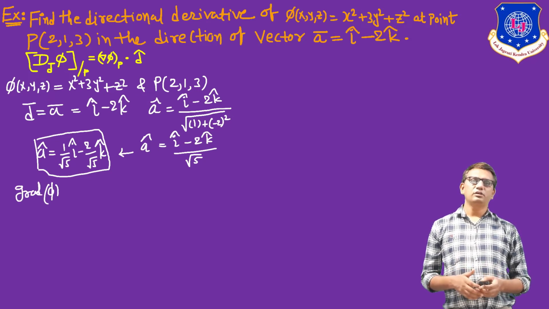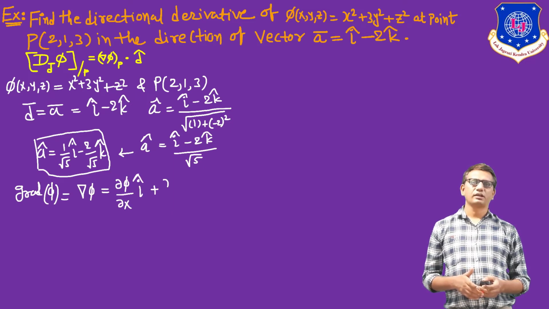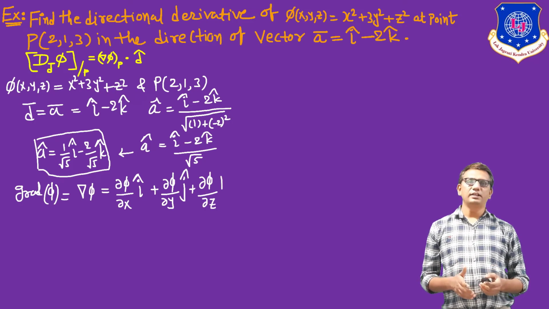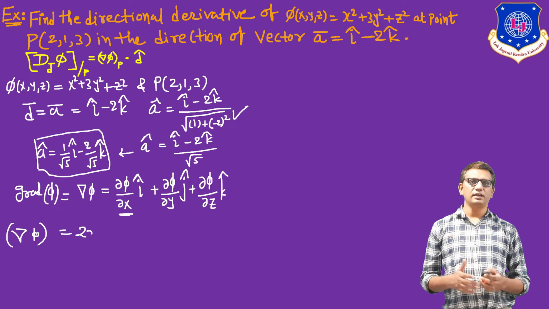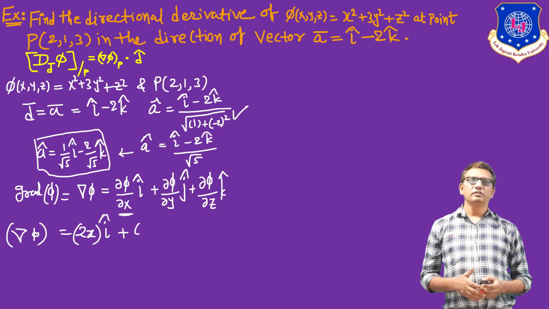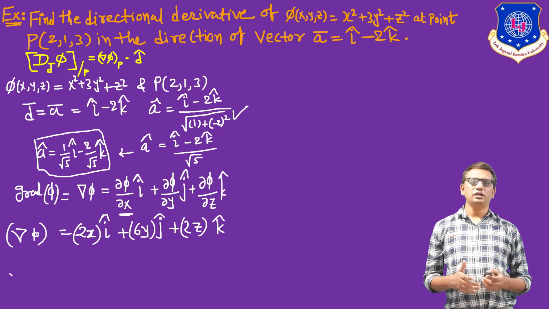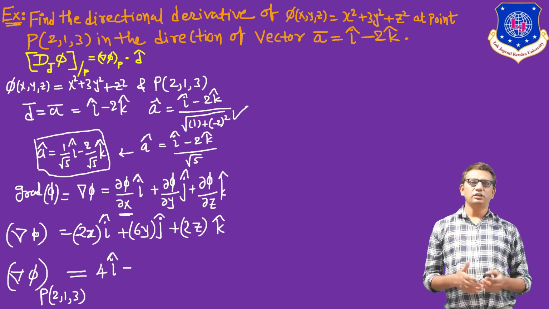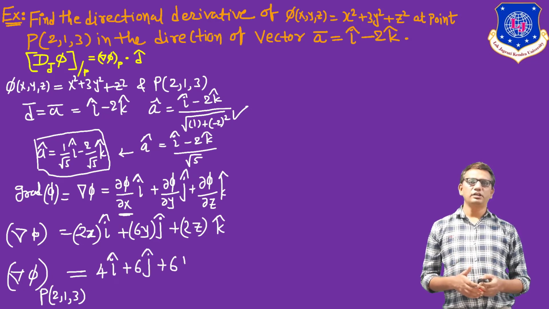So here the gradient of phi is nothing but del phi at point P, and it is given by del phi by del x i caret plus del phi by del y j caret plus del phi by del z k caret. So here we calculate it. It will be 2x i caret plus 6y j caret plus 2z k caret, and now we put the point (2, 1, 3) in this gradient.